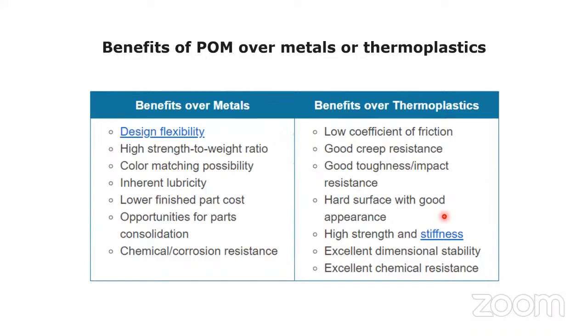Then a hard surface with good appearance; generally if you observe the gloss of polymeric materials, polyoxymethylene shows it. Then high strength and stiffness, excellent dimensional stability, as I mentioned in the last slide, and excellent chemical resistance. These are the comparison with thermoplastics and benefits over metal parts.